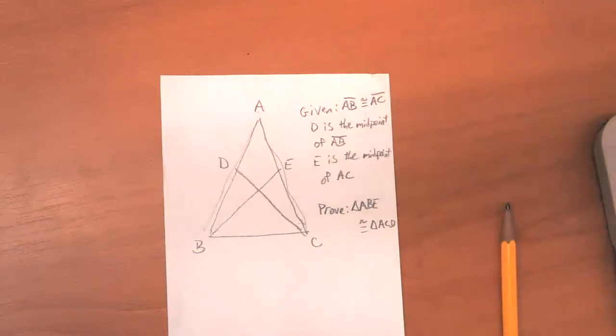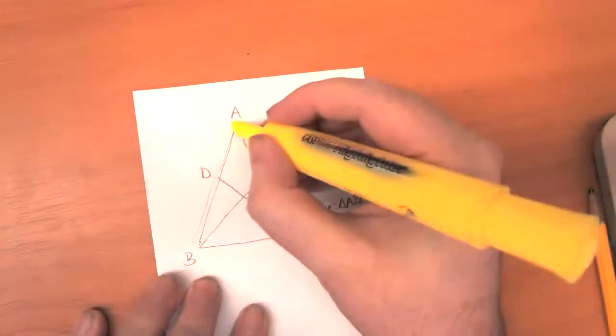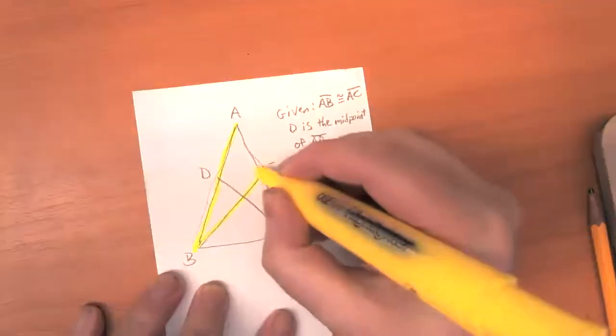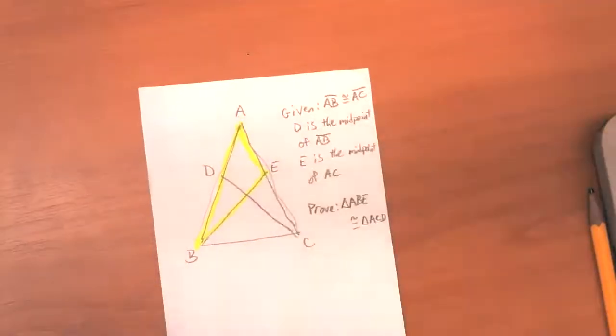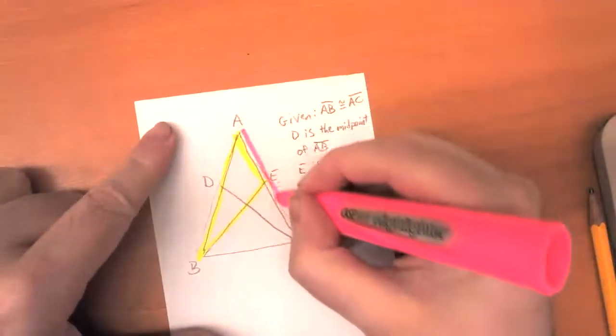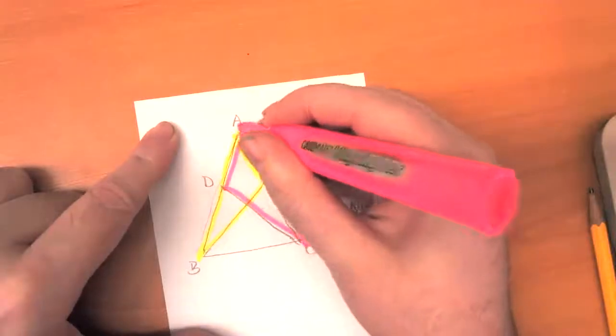Notice how I do things like this so that I can see what I need to do in my proof. I need to prove that triangle ABE is congruent to triangle ACD. So A to C to D and back.